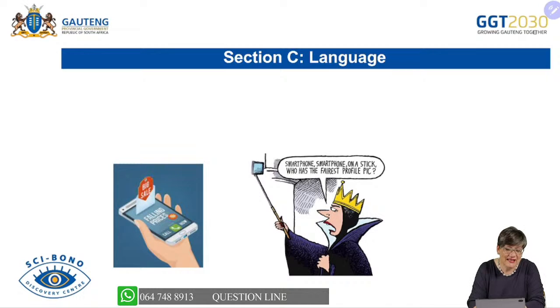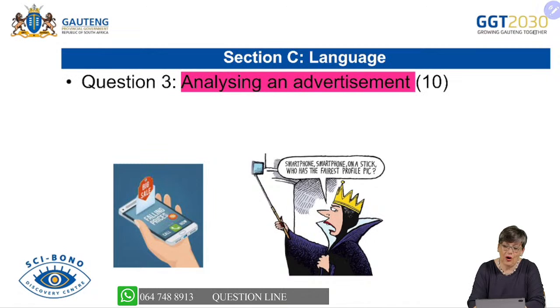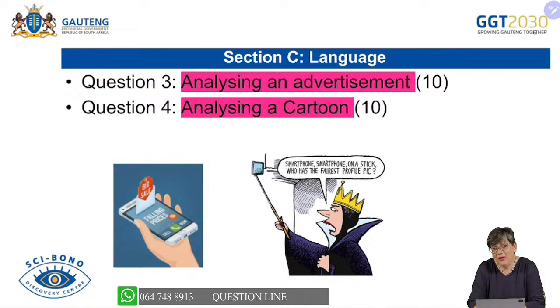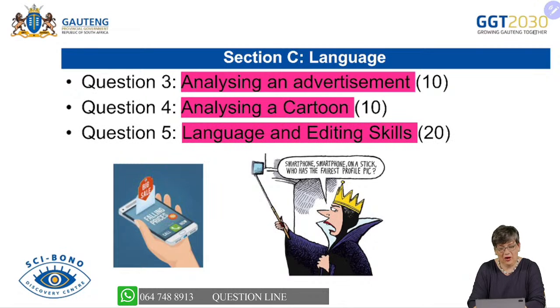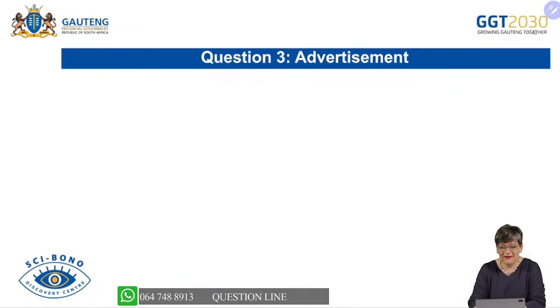That section C is the language section. And here, we obviously have an advertisement for 10 marks. And we have a cartoon for 10 marks. And we've got language for 20 marks. So let's start quickly with your advertisement.